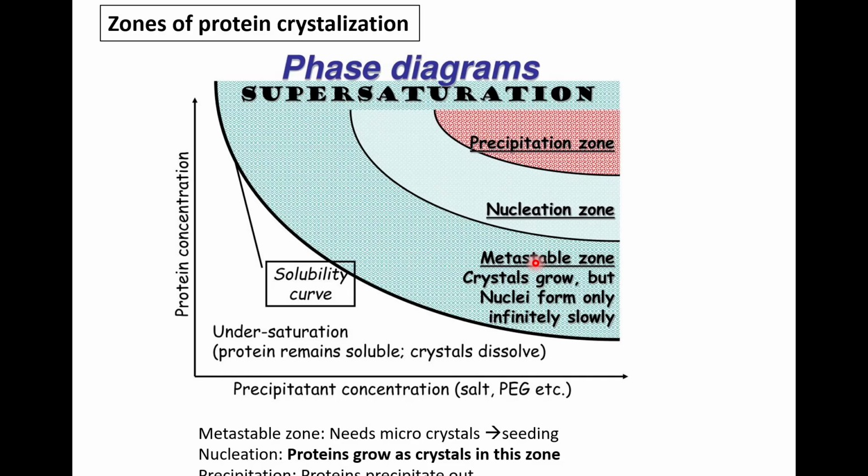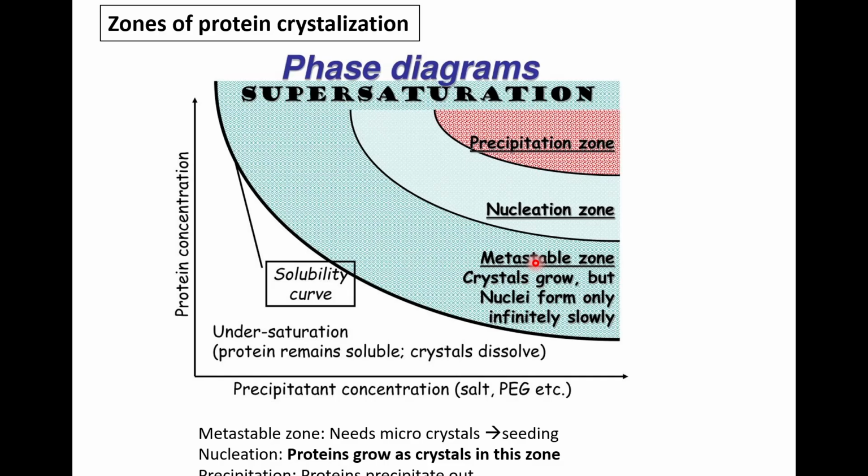The crystals that are going to be formed due to this nucleation zone, those crystals will start to precipitate. You will get powder, not the three-dimensional crystal. That is known as the precipitation zone.